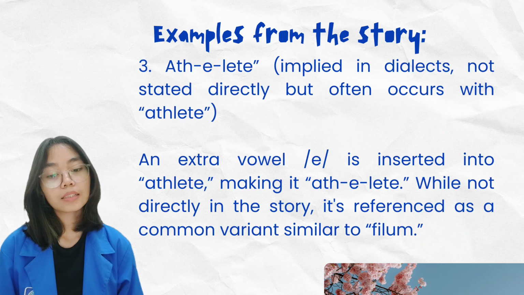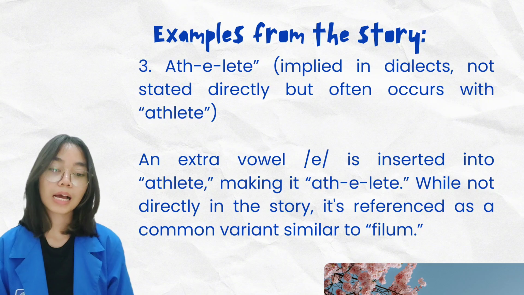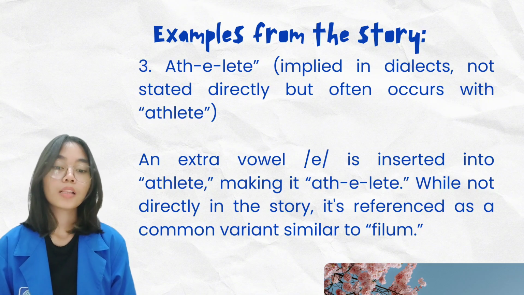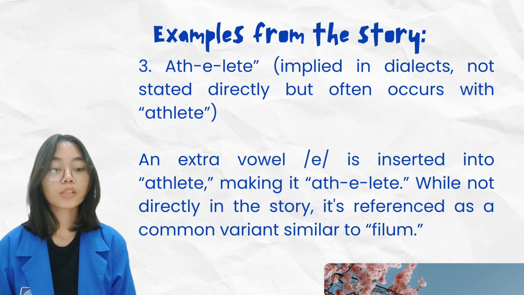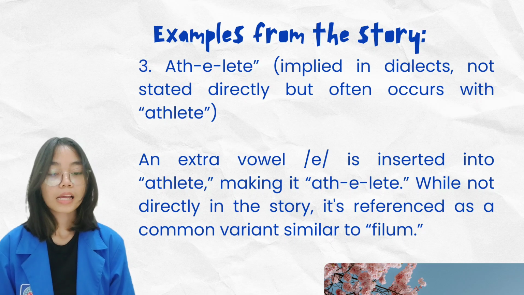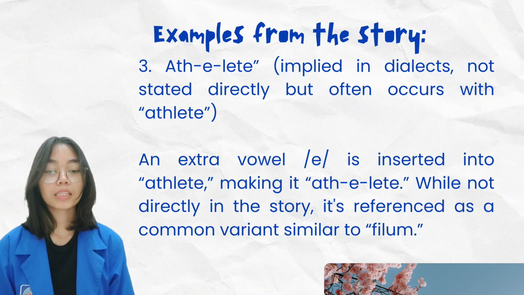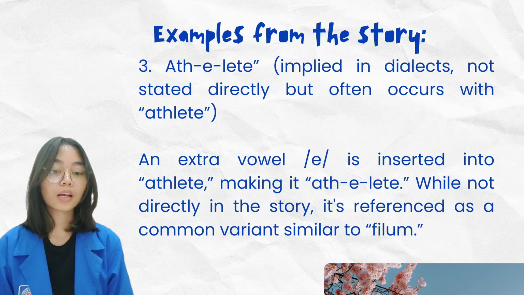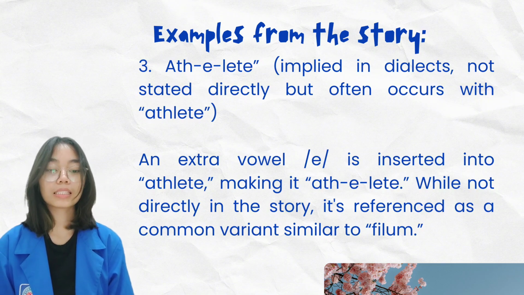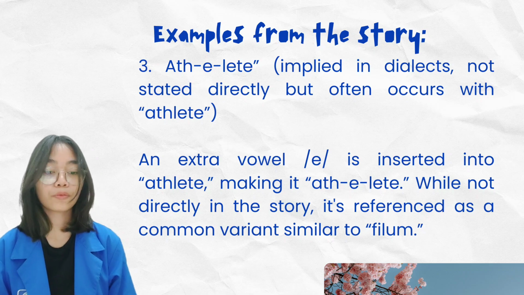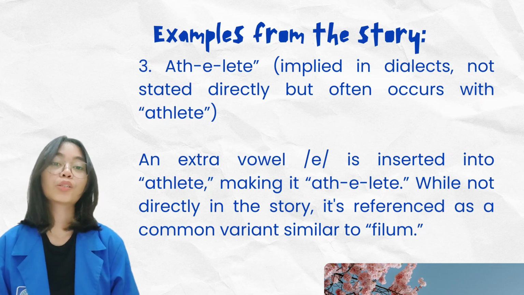Number 3, "athlete". Implied in dialect, not stated directly but often occurs with "athlete". An extra vowel is inserted into "athlete", making it "athelete", while not directly in the story. It serves as a common variant similar to "film".